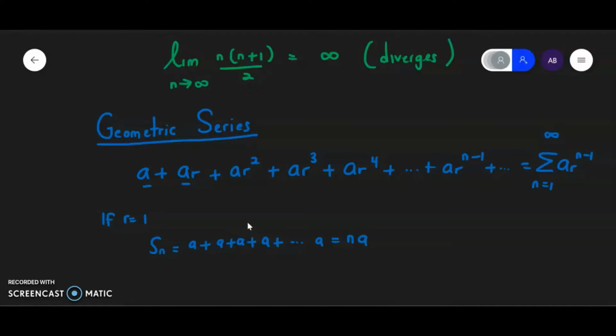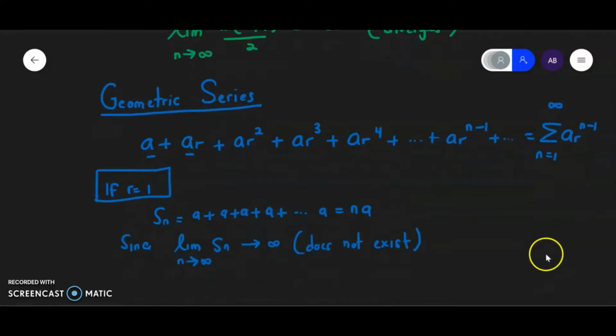So since the limit as n approaches infinity of Sn does not exist, what do you say? The geometric series diverges for this case, I mean for r equals 1.